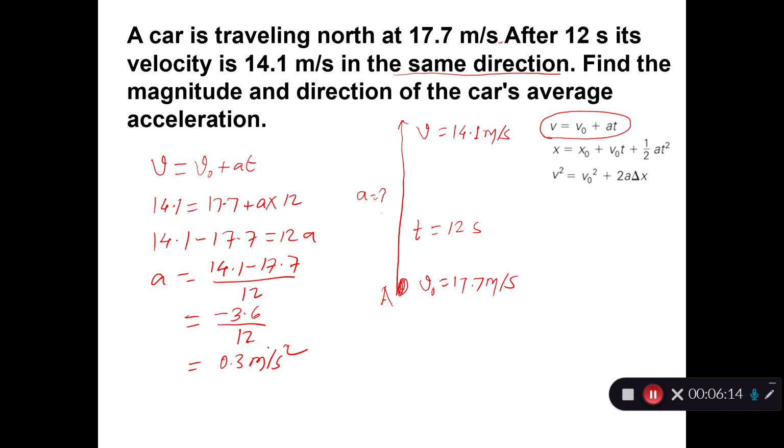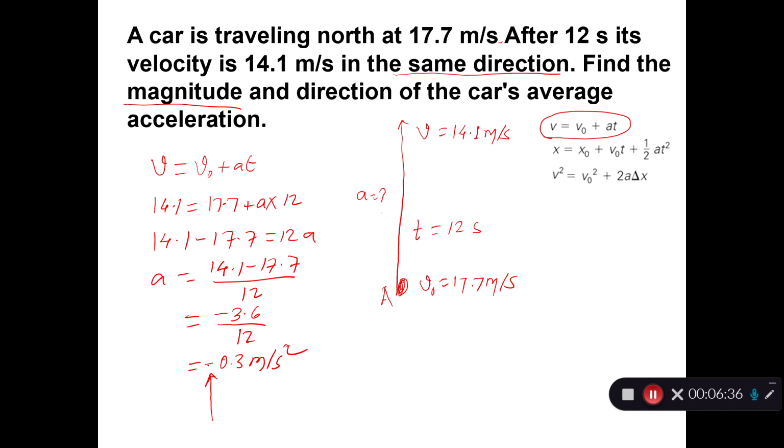You have to substitute back its unit, and here is a negative sign also. Now look back. What is its magnitude? The acceleration's magnitude is 0.3 meter per second square. And what is its direction? Look at this negative sign. As I told earlier, this negative sign determines the direction.